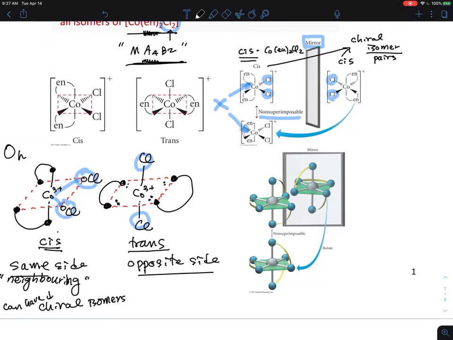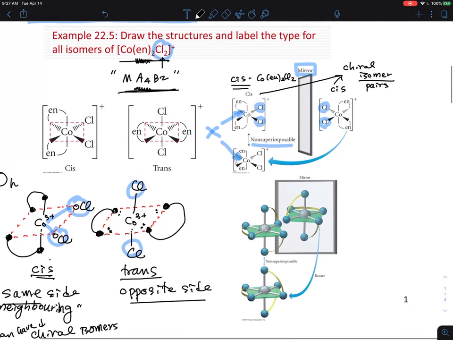Whereas with this one, if you look at the chlorine, if you put down the mirror, the flip side of the mirror is not going to be a different one. So what that means is, if you do the same thing with the trans showing up here, if you put down the chlorine on the axial position and put the mirror to look at the mirror image molecule, the question is whether they are superimposable or not.